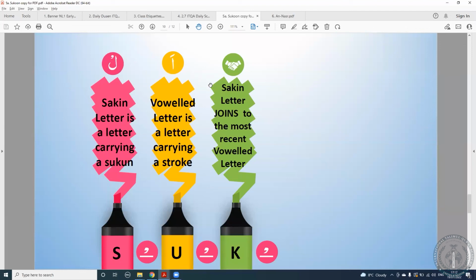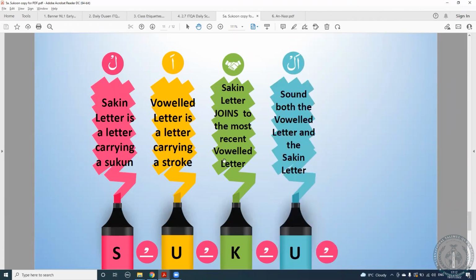Okay, now a sakin letter joins to the most recent voweled letter, and when we join those two letters, we have to make sure that we sound both the voweled letter and the sakin letter. So if we were to join this alif voweled letter to this lam sakin, then it will be al, al.